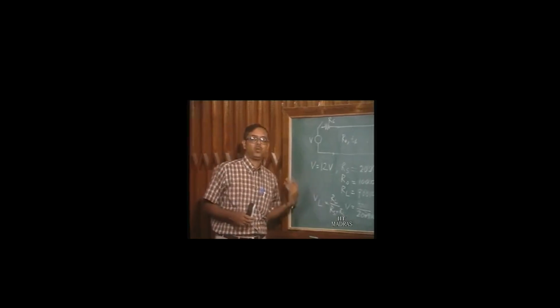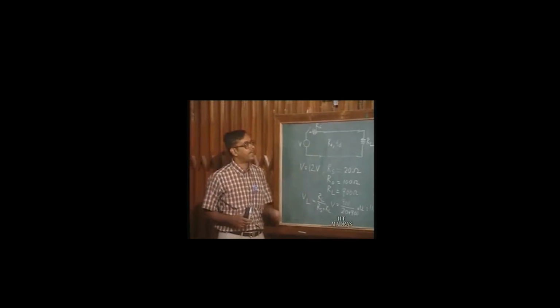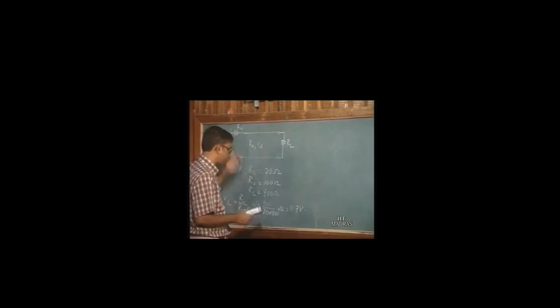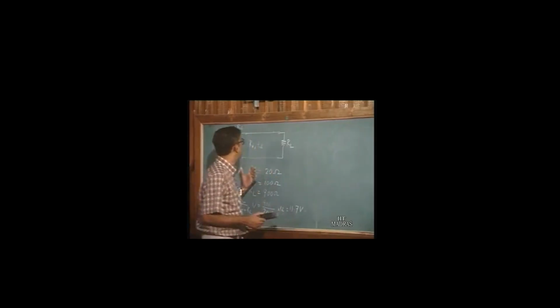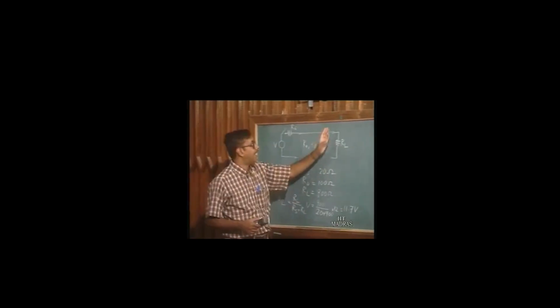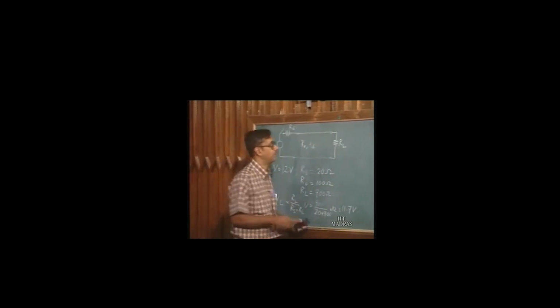But let us see what we are going to get if we analyze it from a transmission line point of view. In order to do that, we have to calculate the reflection coefficients at the load end and the source end. That is the first thing to do.